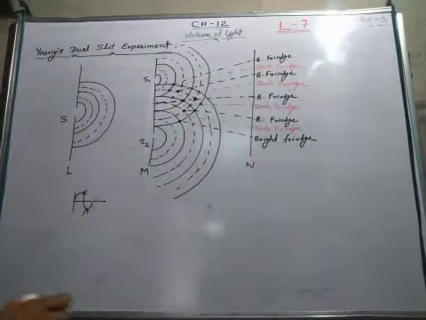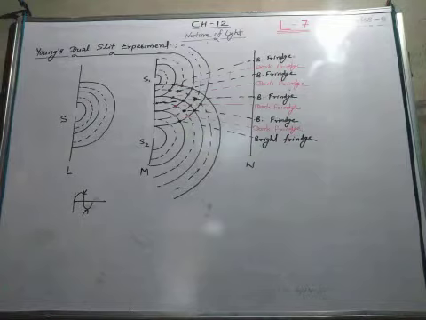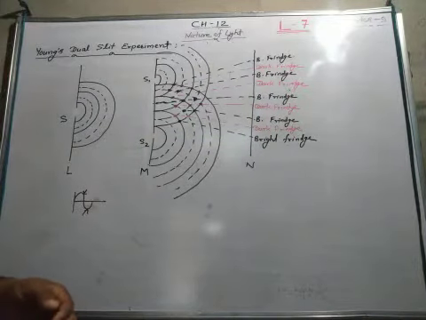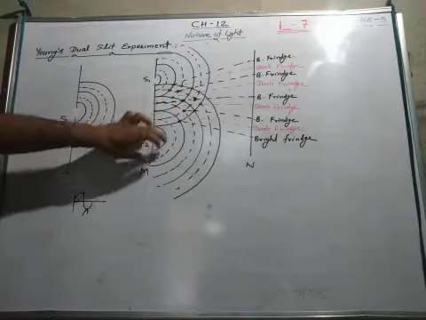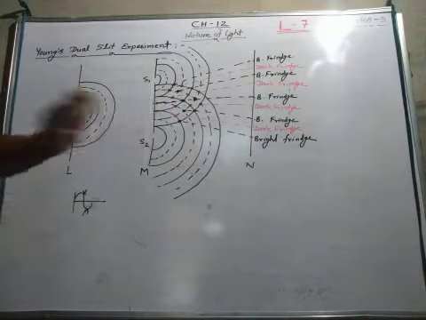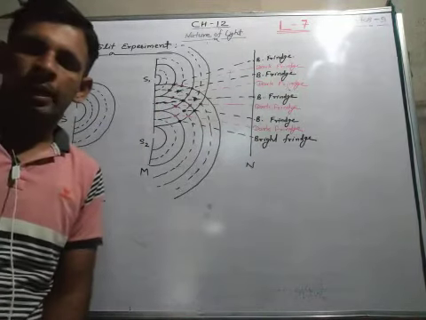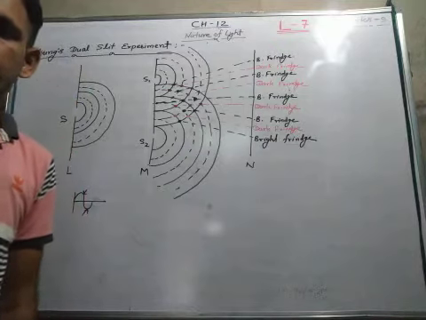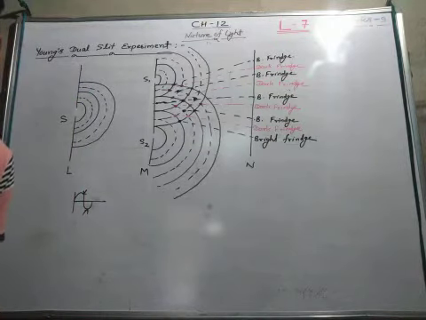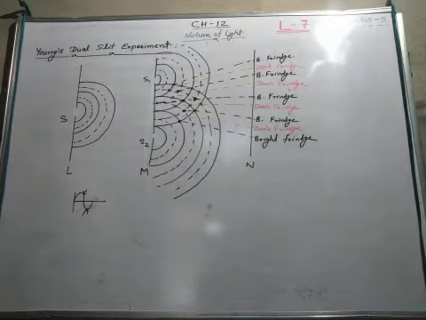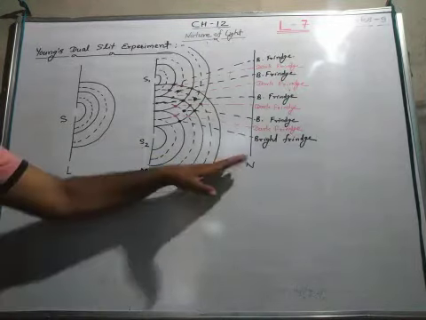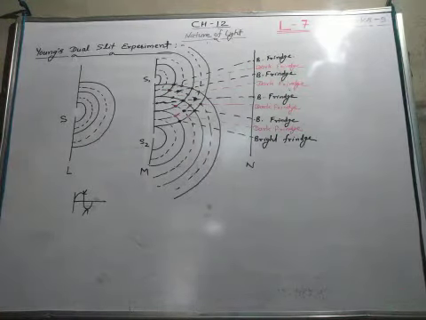Okay, this is the interference pattern. This crest and trough part you can make with the help of a screwdriver or curvature part. Now this is the pattern for interference by Young's double slit experiment.